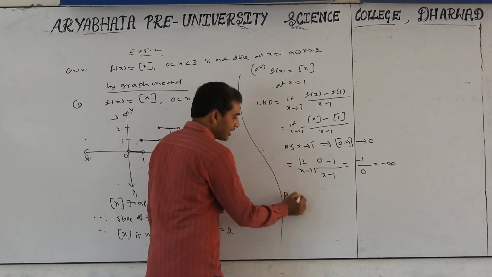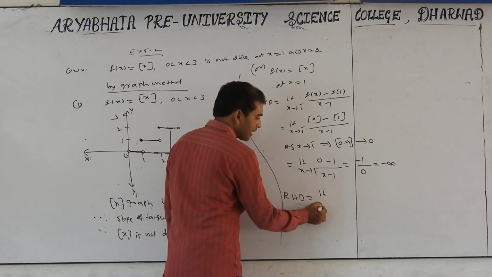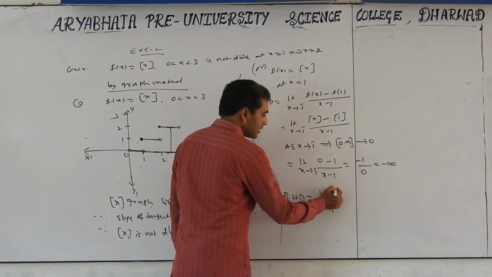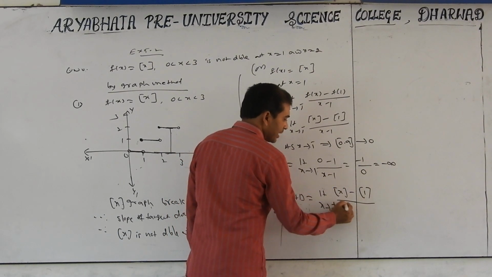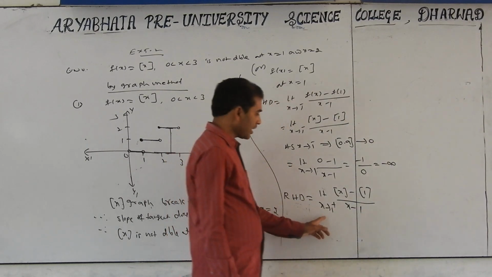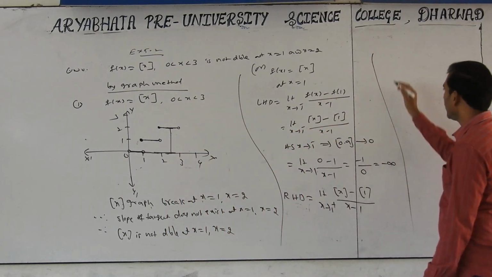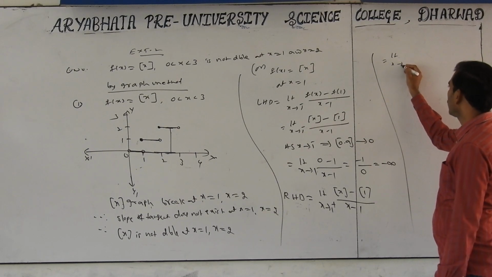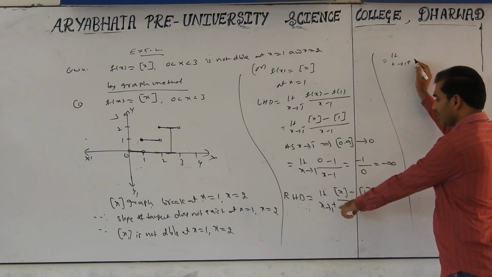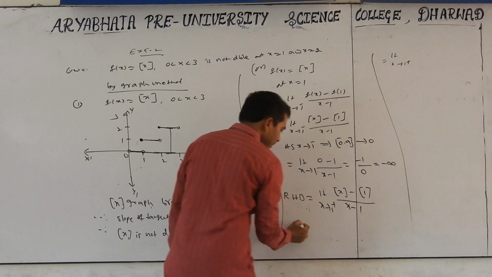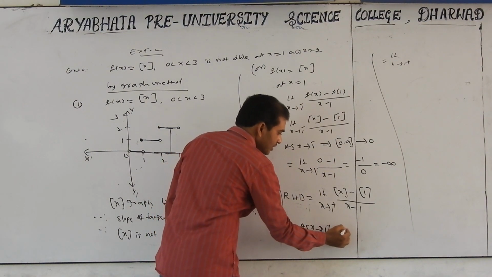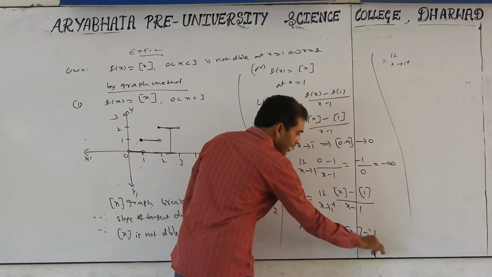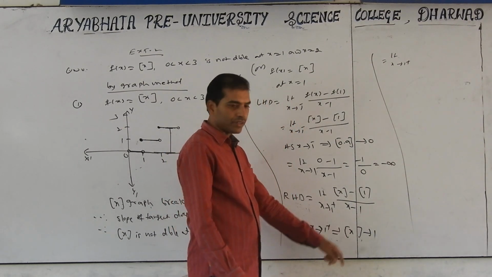Next, go for the right derivative. Limit of x tends to 1 plus, step x minus step 1 by x minus 1. Above 1, if you take x tends to 1 plus, then step of x tends to 1: 1.1, 1.2.